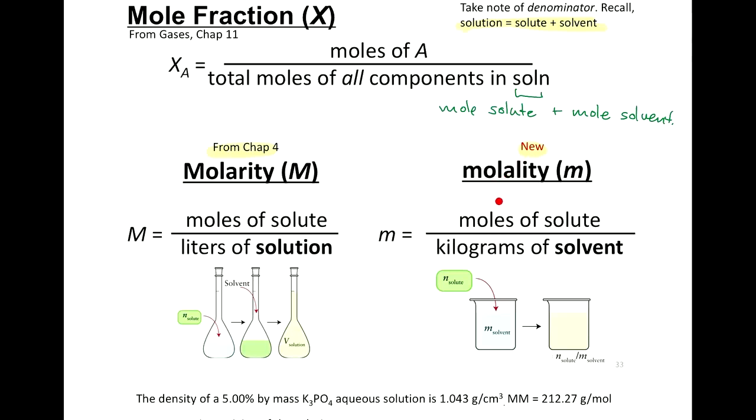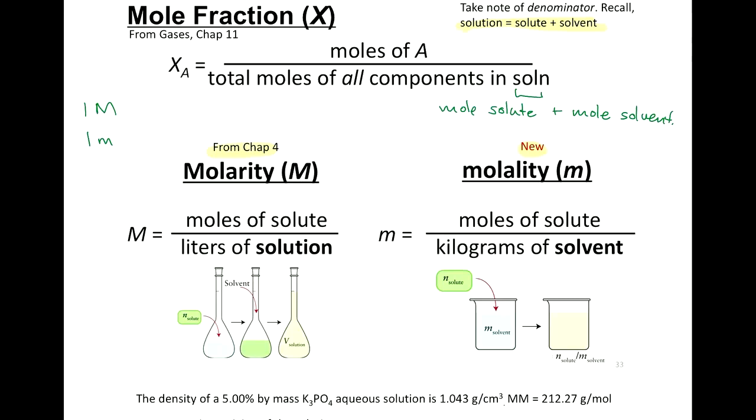Molality looks kind of weird, very similar to molarity, but it's very different. Note the lettering we use. Molality has the symbol little m. So if I write that something is 1 molarity with a big M versus 1 molality with a little m, that's not a mistake.